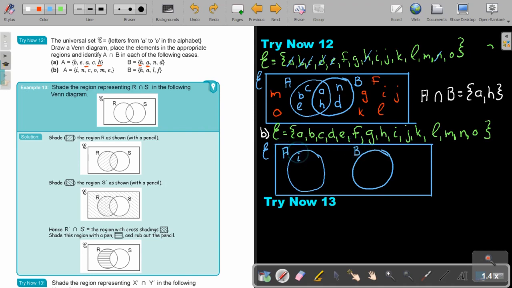So it's I, N, C, O, M, E, H, A, L, F. And now it's just that I have to see what's outside. So let's look here at the original one. It's always better to work this way.